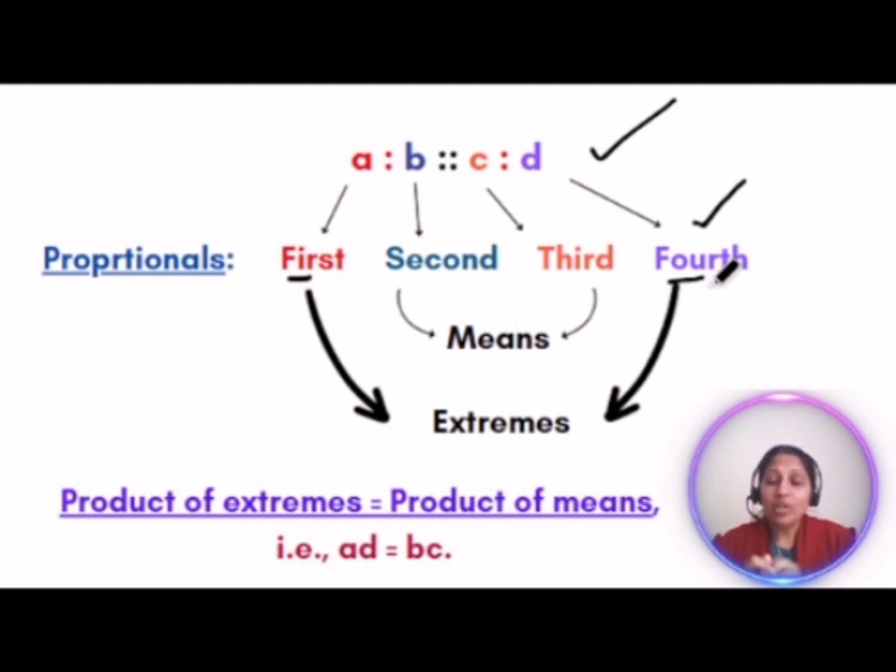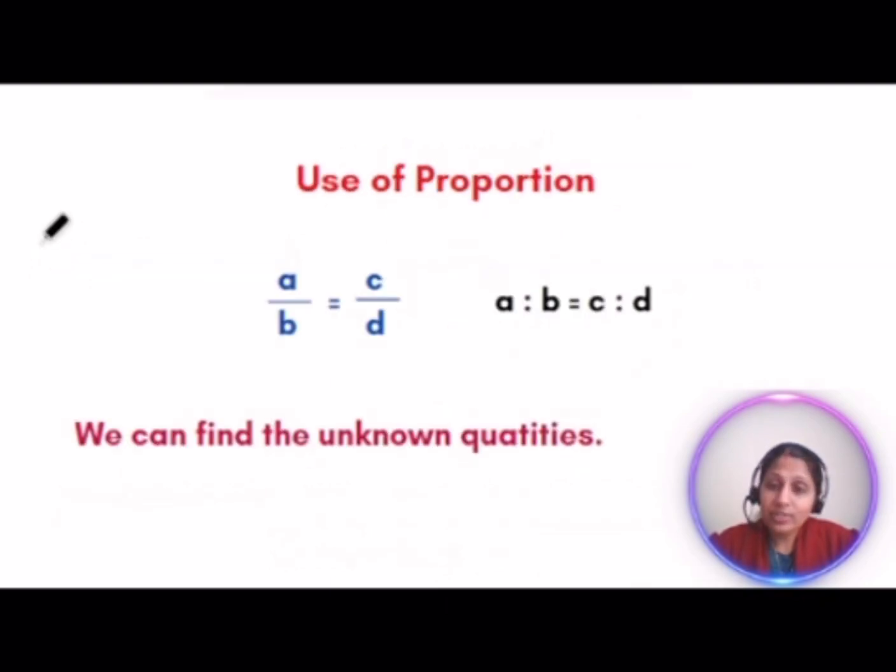The pattern that is generally followed here is that the product of the extremes will always be equal to the product of the means. So using this relation, A into D equals B into C, you can find the unknowns. So what is the main use of proportion? It's nothing but finding the unknowns in your ratio.